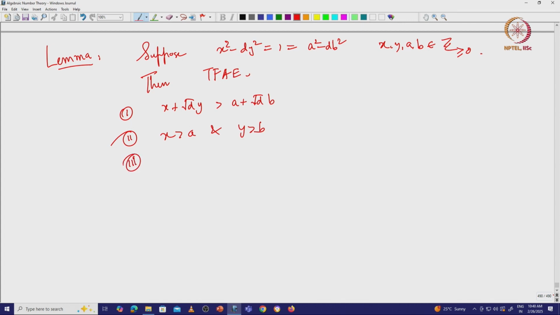And even better, 3: x is bigger than a or y is bigger than b. So, any one of those inequalities is enough to get what you want. It is clear that 3 implies 2 implies 1, right. And so, we want the other way around: we want to assume that 1 should imply 2 and 2 should imply 3.